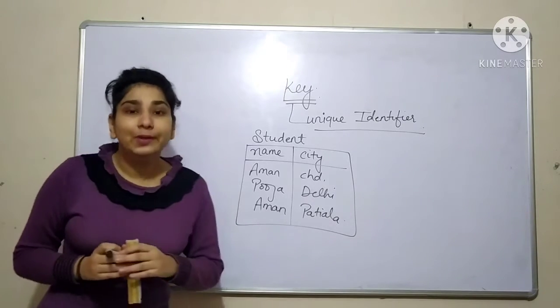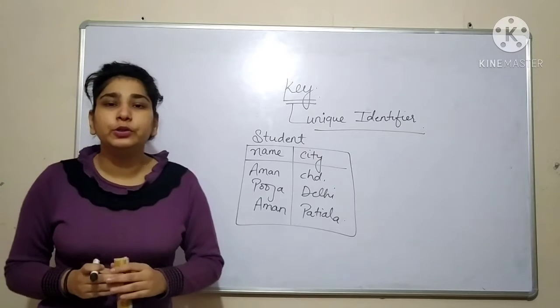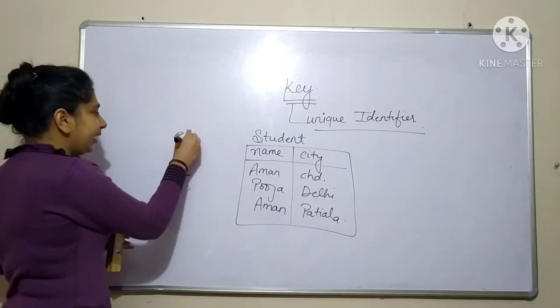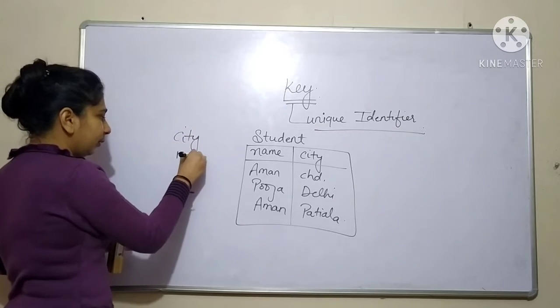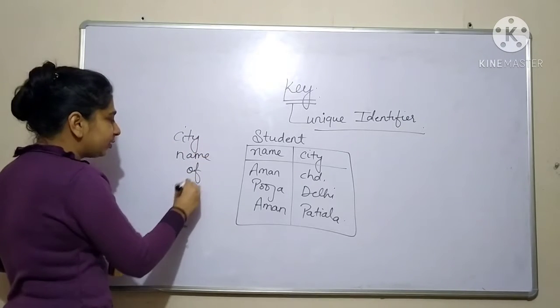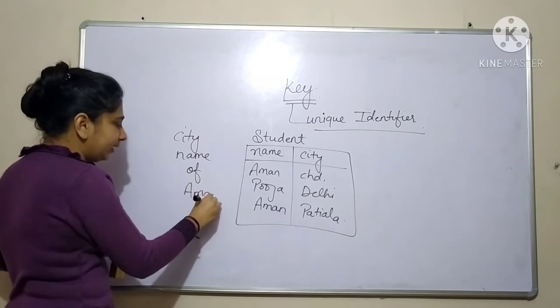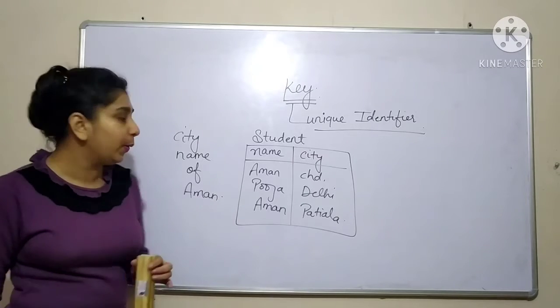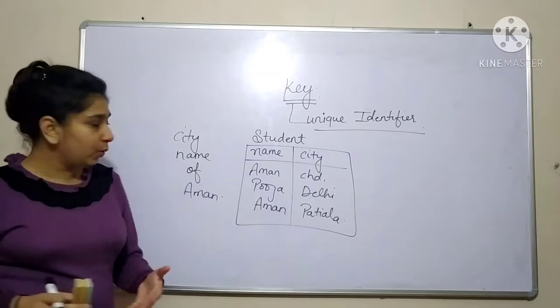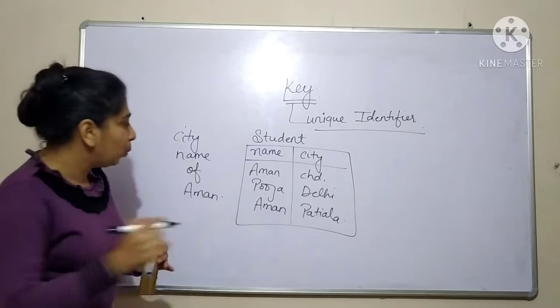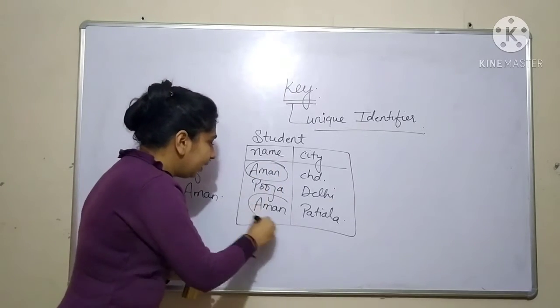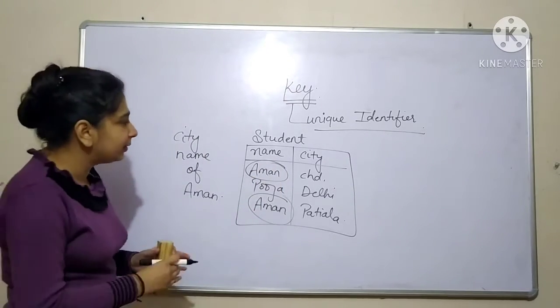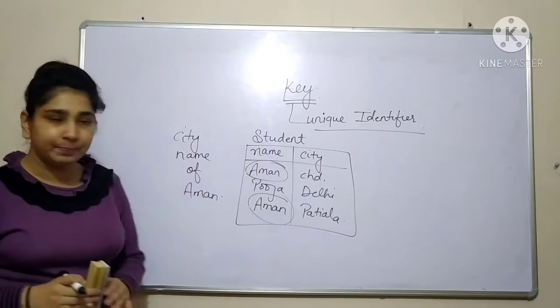Let's suppose you want to search the city name of Aman in this table. We have two Amans and we want to find out the city name of Aman.